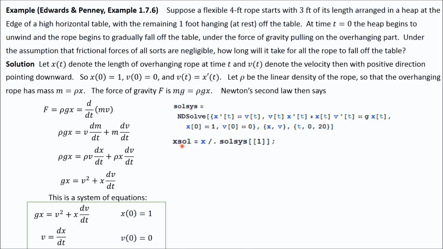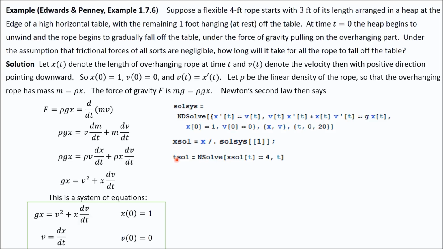And then we can extract our answers for x. xSol is the function that was found. I just take x, where I use the answer that was found in SolSys, and that's my function of time. That's the answer to the problem, basically, it's x of t.